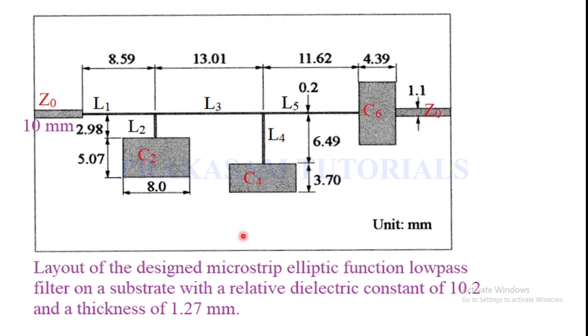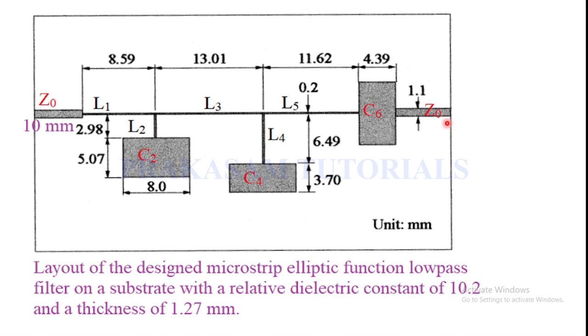First calculate the length and width of the substrate by adding all these values: 50 ohm line length 10 mm on both sides, so 10 mm plus 10 mm plus 8.59, 13.01, 11.62 and 4.39. Adding all these values, the length of the substrate is 57.61 mm.